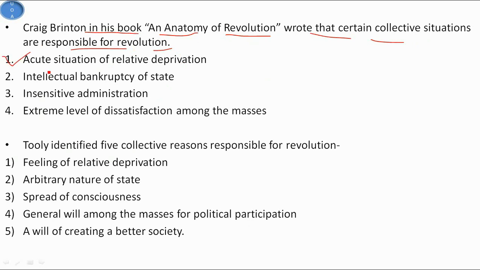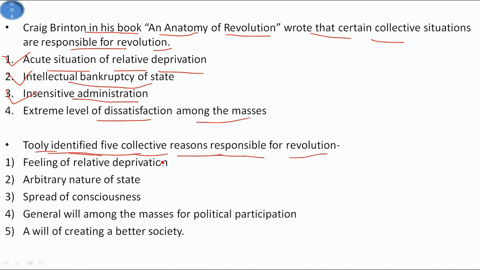The first is acute situations of relative deprivation, then intellectual bankruptcy of the state, insensitive administration, and extreme levels of dissatisfaction among the masses. Tilly identified five collective reasons responsible for revolution: the first being a feeling of relative deprivation, then the arbitrary nature of the state, spread of consciousness, general will among the masses for political participation, and a will of creating a better society.